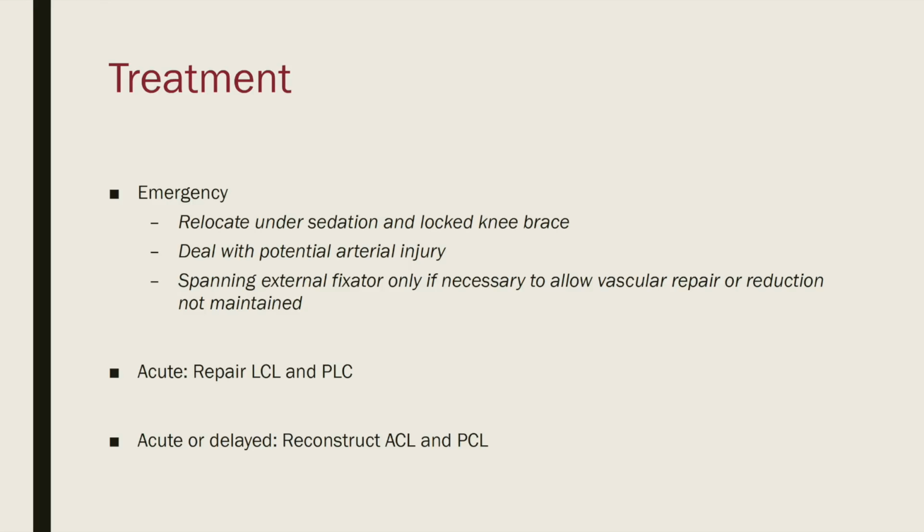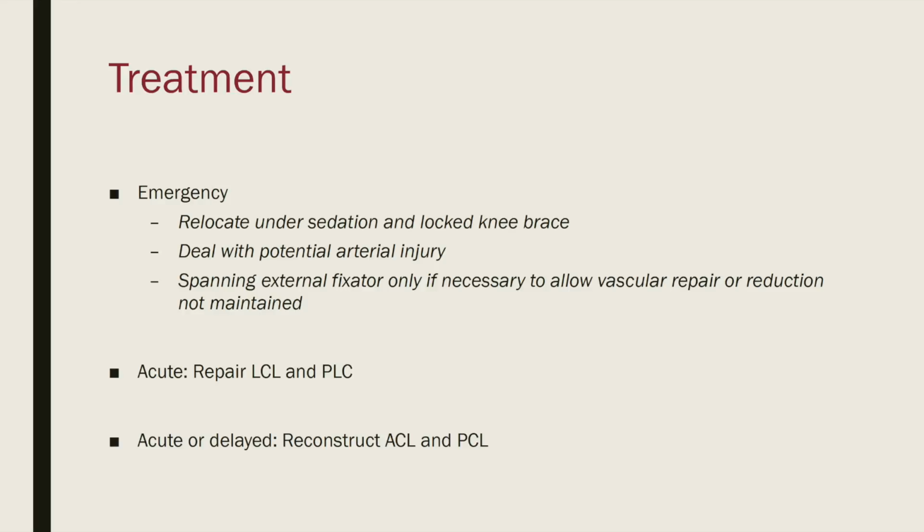So the treatment of this is really as an emergency. Initially is relocation under sedation and a locked knee brace. Now, quite often they come to you and they've already been relocated, either spontaneously or on the field. But if they come dislocated, then that's the first thing to do. And then deal with a potential arterial injury.